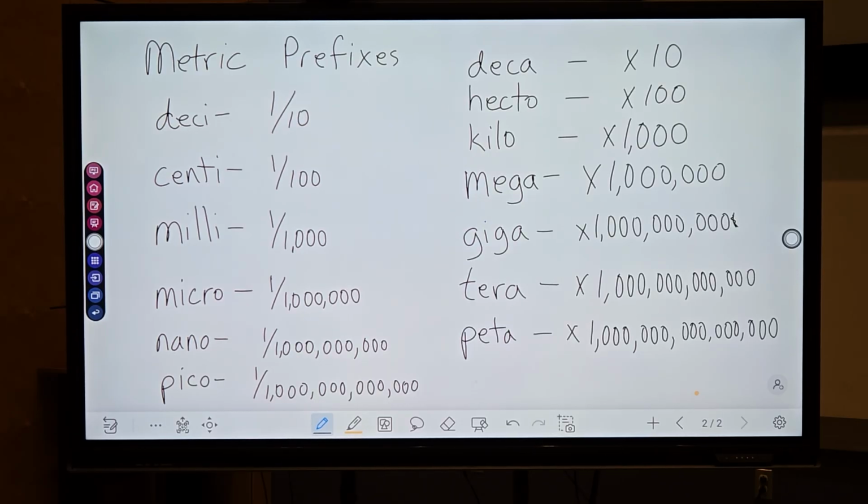The prefixes do get smaller and they do get larger, but for practical purposes, these are the ones that you're going to need for engineering.